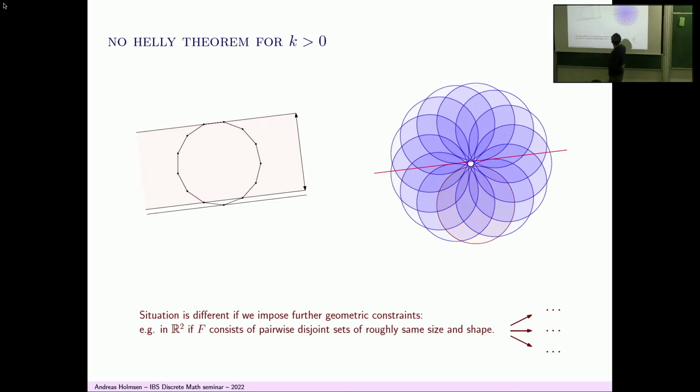The colors aren't really showing very clearly here, but let me prove to you there's no Helly theorem. This is the case of line transversals in the plane. So take here a regular n-gon, right? And the line up here and the line down here below determine the width of the polygon. That's the narrowest strip that contains the polygon.